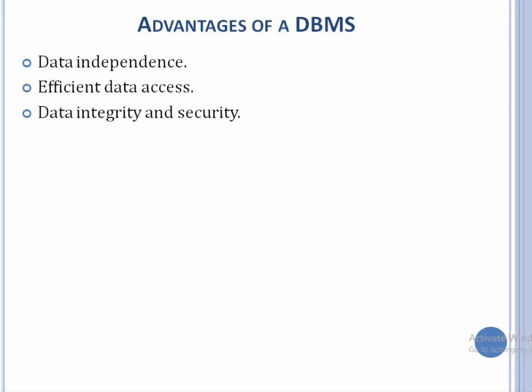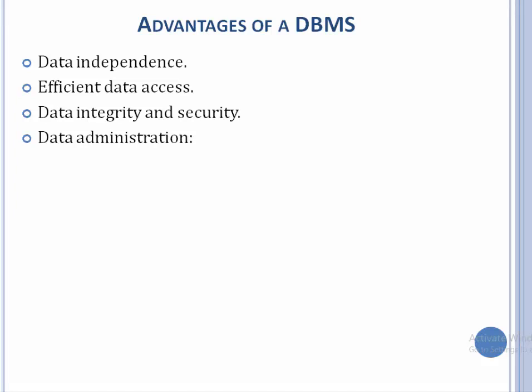That is called security. And next one is data administration. When several users share the data, centralizing the administration of data can offer significant improvements. So this is about data administration.